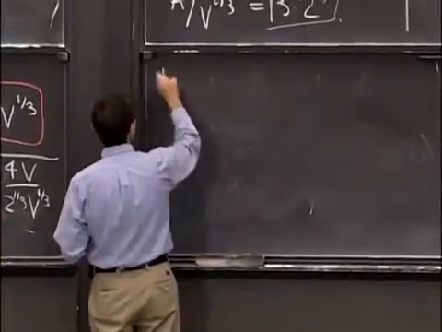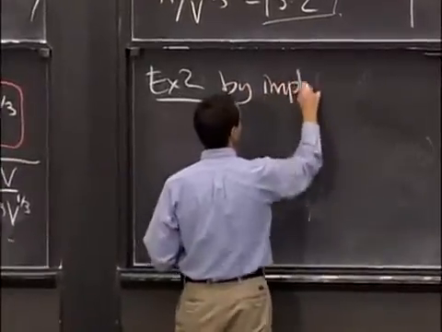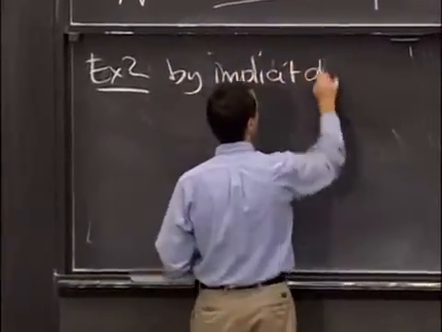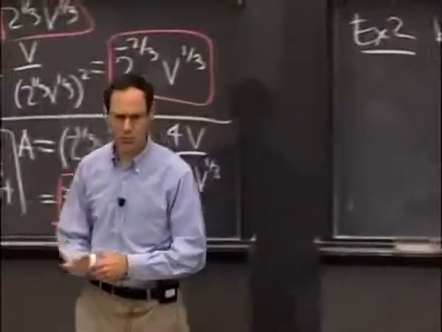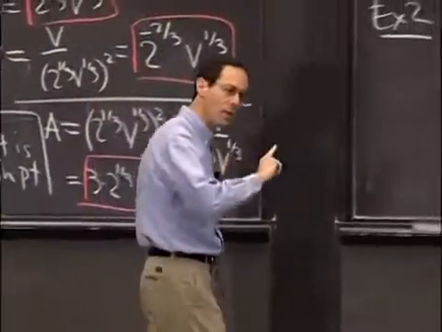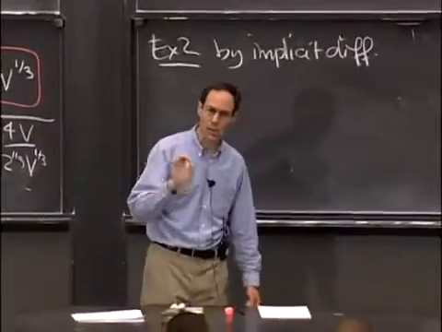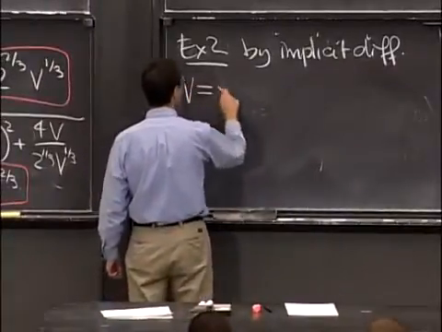So here's example 2, by implicit differentiation. So the same example, but now I'm going to do it by implicit differentiation. And I'll tell you the advantages and the disadvantages to this method. So the situation is you have to start the same way.